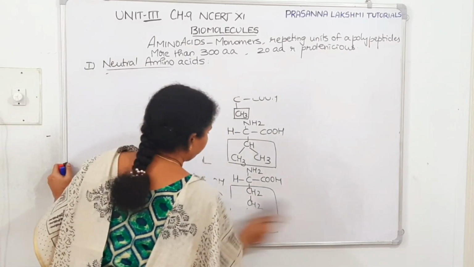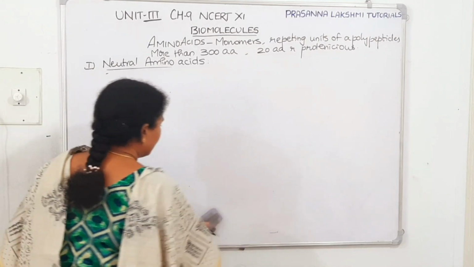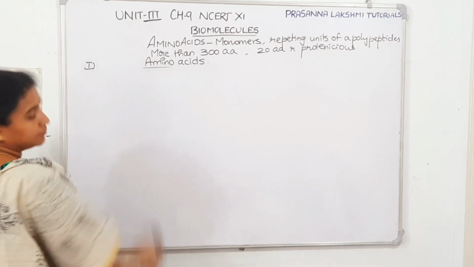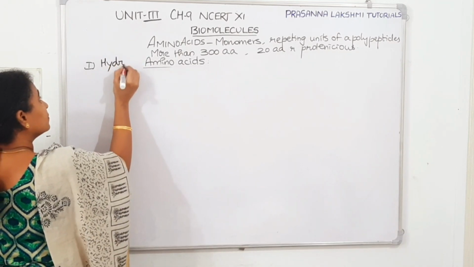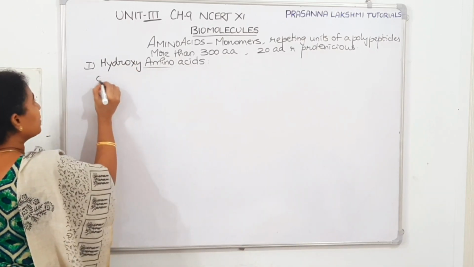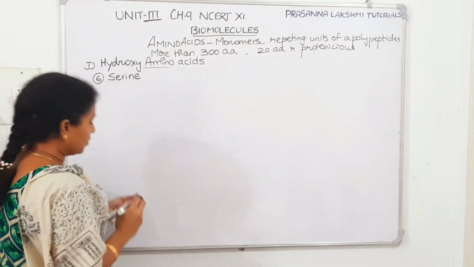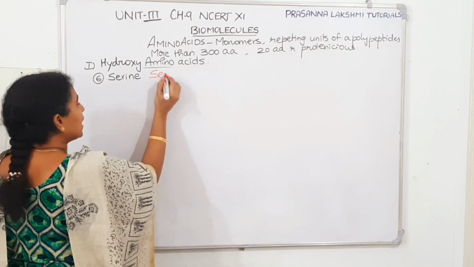Now, let's go with hydroxyl group containing amino acids. In that, the sixth amino acid will be serine. Is there in the NCERT textbook, right? So, the serine 3-letter representation will be SER.